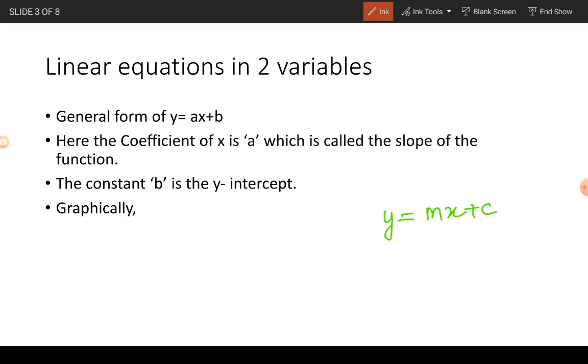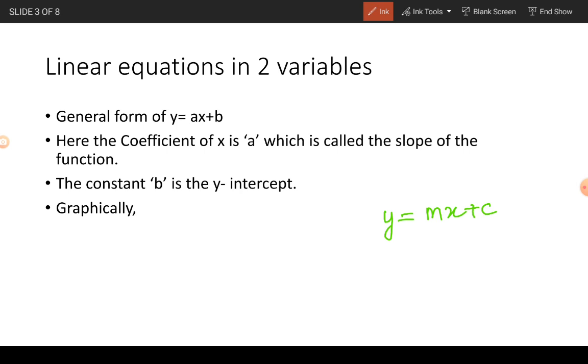Instead of m, over here I have written a. Instead of c, I have written the letter b as the parameter of the equation. You can use either of these forms because they're not very different, but remain consistent in which notation you're using. If you're calling the slope of the line a, make sure you're consistently calling it a.